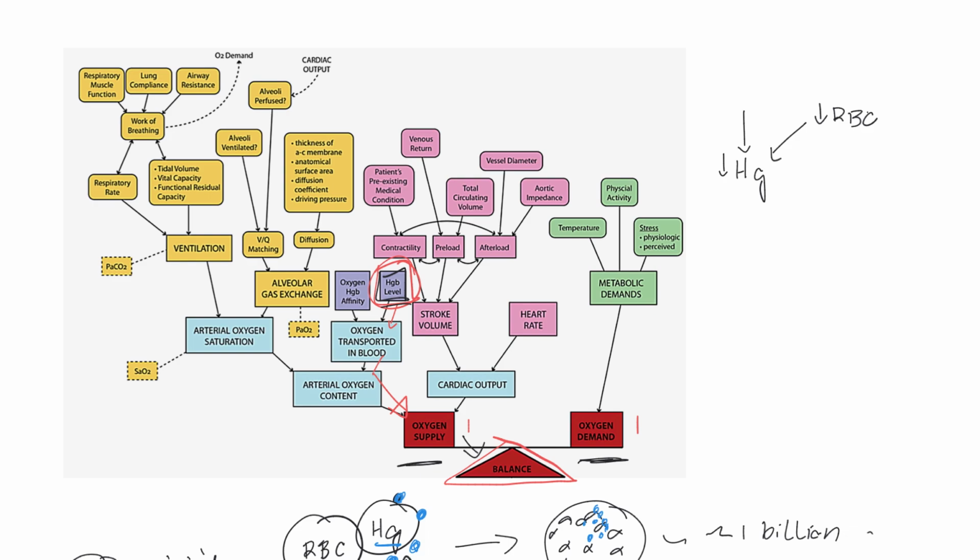Or if your red blood cells are just not working properly, that means you're going to have a decreased oxygen carrying capacity. And that means you might have a diminished oxygen supply. So when we give people oral iron supplementation or iron infusions or packed red blood cells, we are actually increasing their oxygen carrying capacity. So that's a quick summary about how hemoglobin level impacts oxygen supply.